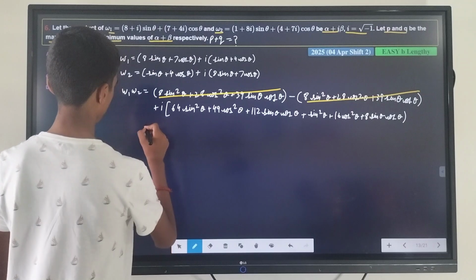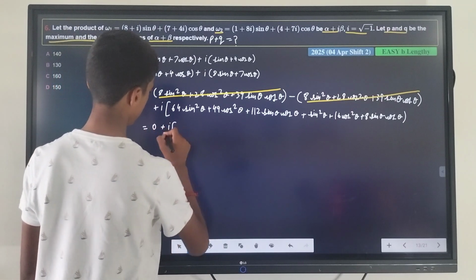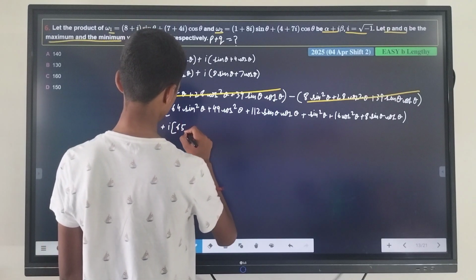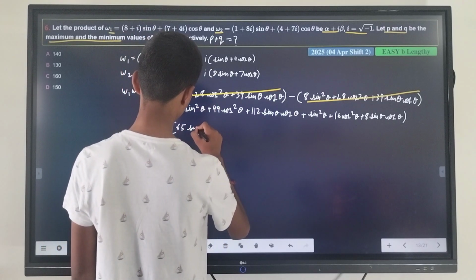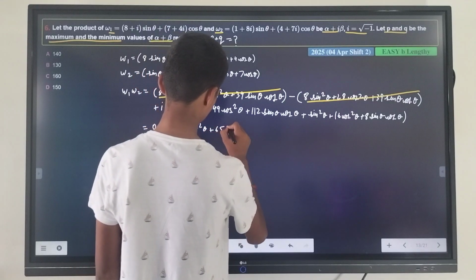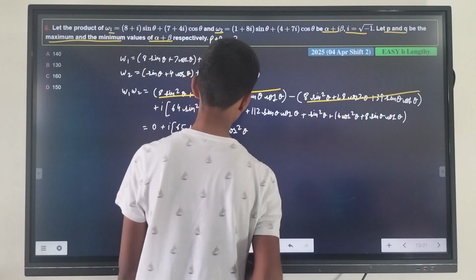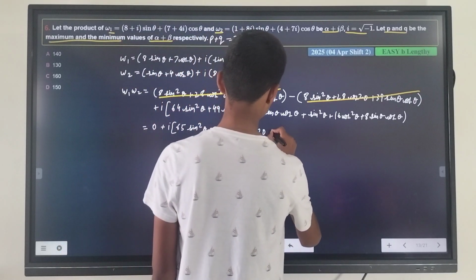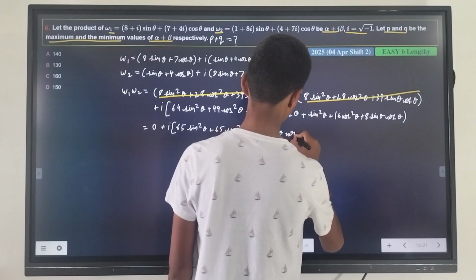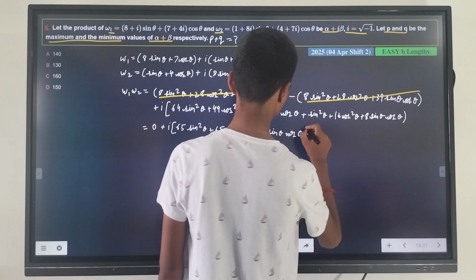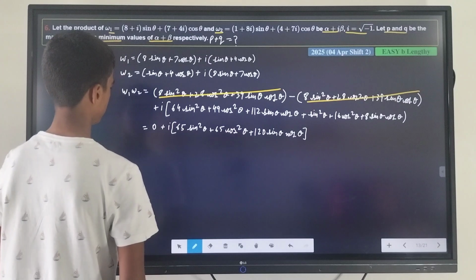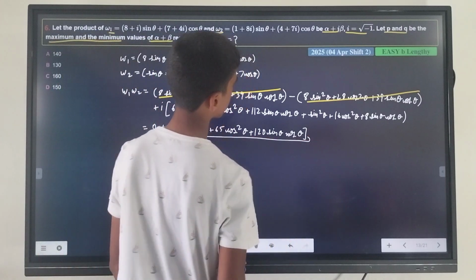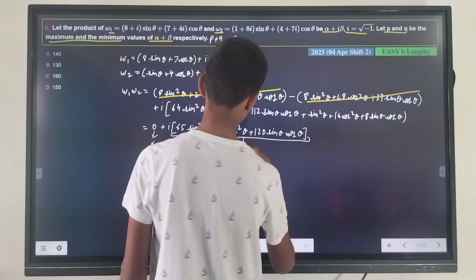So this is equal to 0 plus iota times 65 sine square theta plus 65 cos square theta plus 120 sine theta cos theta. Now this part is alpha and this part is beta.